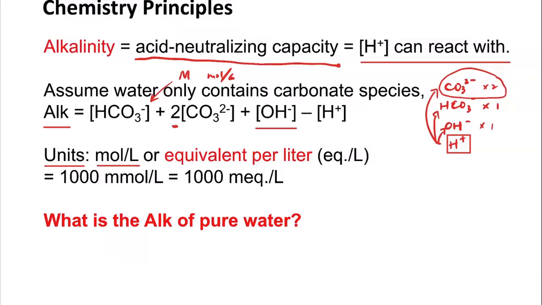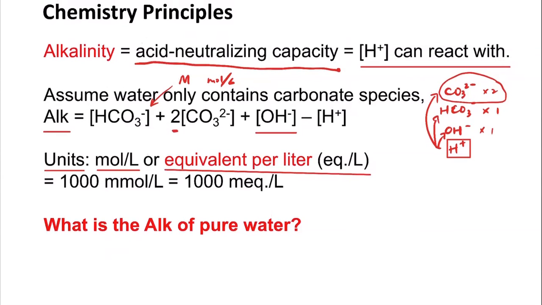Or they also invented a term called the equivalent per liter. The idea of using equivalent per liter is that although it's describing how much hydrogen ions they can react with, actually there's no hydrogen ions in the water for us to react with, okay? So that's why we call it equivalent, to show that this amount of carbonate species is equivalent to how much amount of hydrogen ions in the solution.